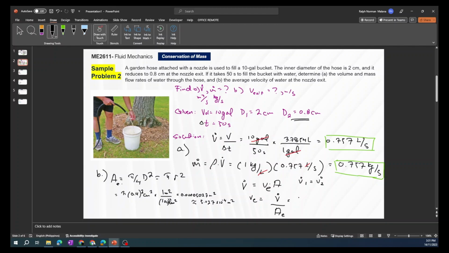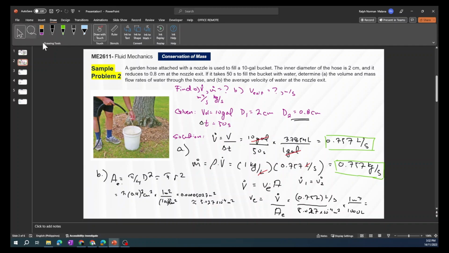Okay, so substituting it, we have here 0.757 liters per second, which we could just divide by the 5.027 times 10 to the negative 4th meter squared times 1 meter cubed divided by 1,000 liters.